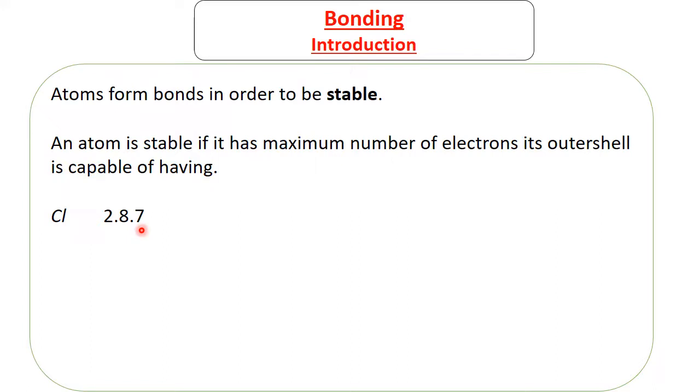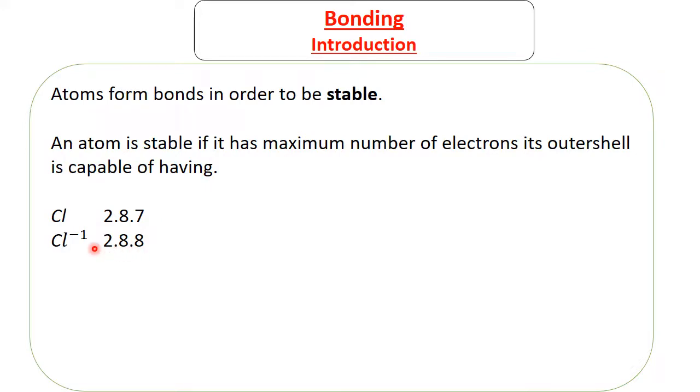So naturally, we look at 8 as the maximum number of electrons that an atom would need to be stable. There's another explanation which is coming soon, and it's very straightforward. For this chlorine atom to be stable, it gains 1 electron, and it will have this structure 2,8,8.